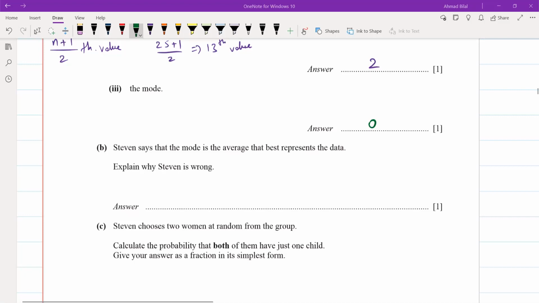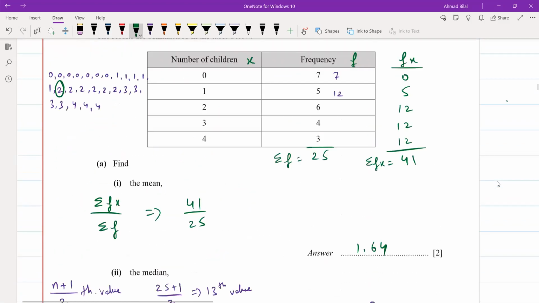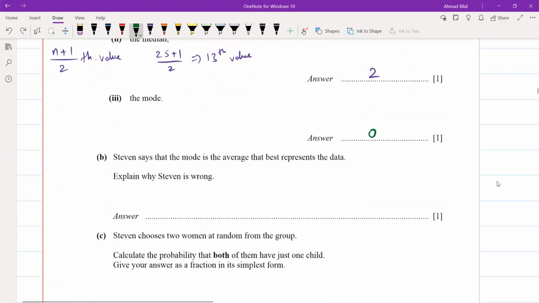Okay. What do we think about this? Stephen says that the mod is the average that best represents the data. इस data के अंदर कह रहा है कि mod सबसे बेहतर represent कर रहा है data को. Why is Stephen wrong? You can say 0 तो बिल्कुल सबसे lowest value है. 0 is just the minimum value.